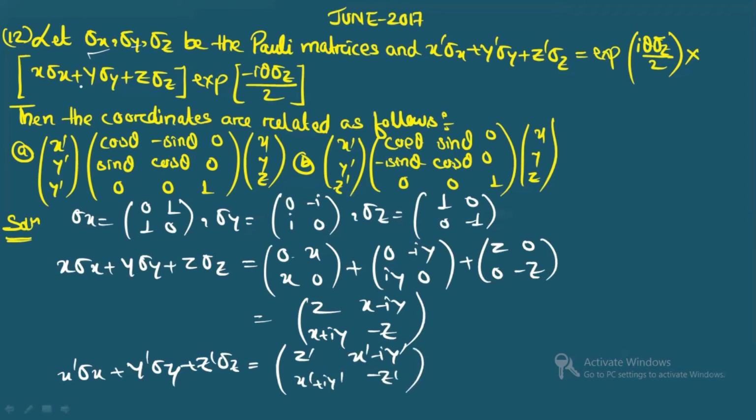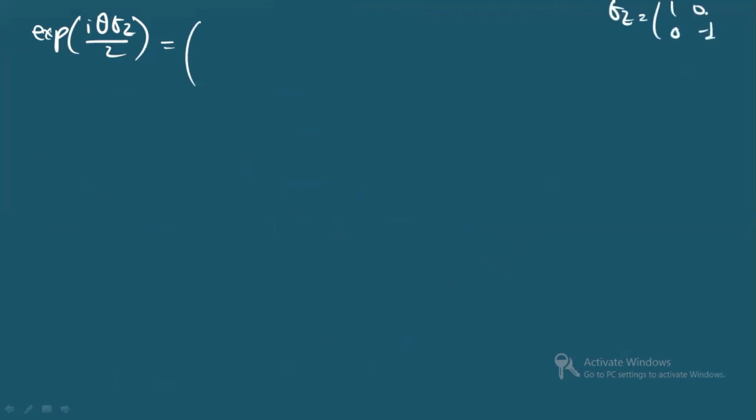Okay. So we got the values of this and this, and we will find exponential of I theta sigma z by 2. Sigma z is equal to [1, 0; 0, minus 1].